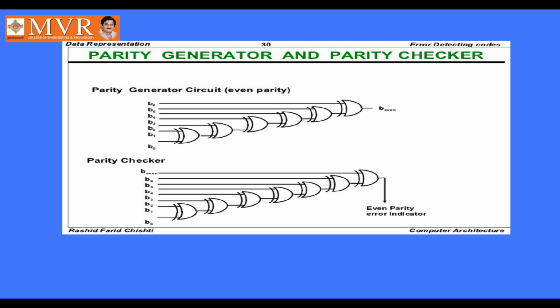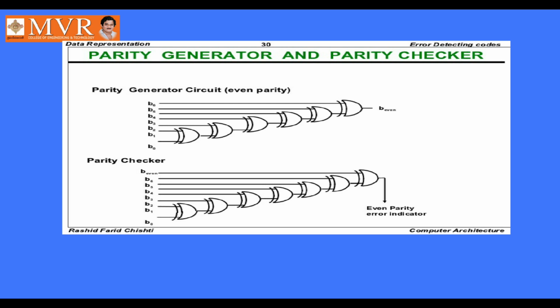8-bit means, as I told you, ASCII contains 7 bits with one even parity. Previously I gave you a formula for B0. B0, B1, B2, B3, B4, B5 are all given to XOR gates. 1, 2, 3, 4, 5, 6 XOR gates are used here to perform the XOR operation among 7 bits.